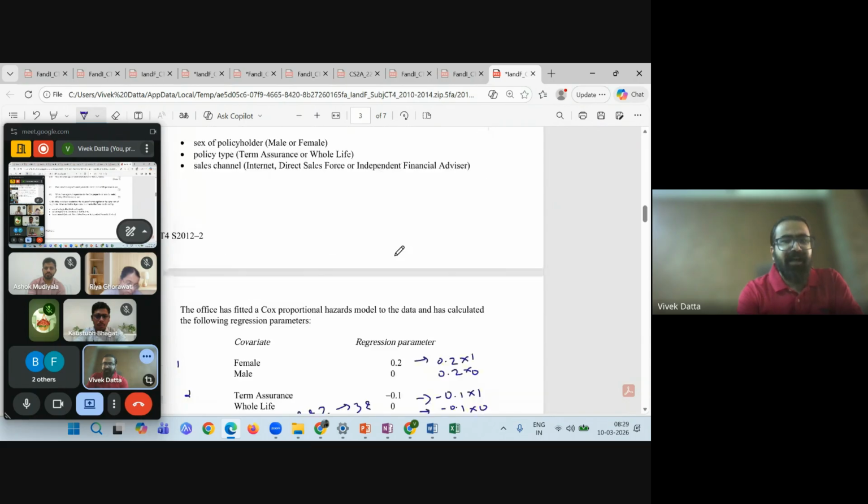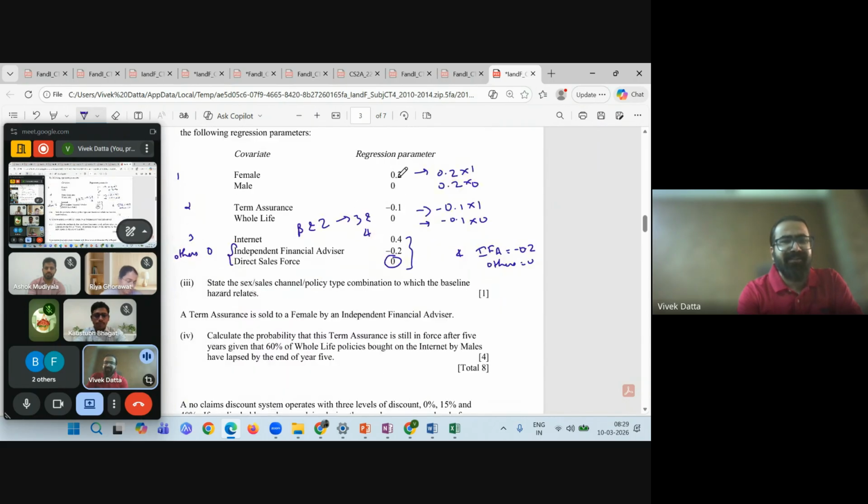Yes. Now, if my hazard in lapse rate is 0.2 for female, which means what? Females lapse more. Whole life lapses more as compared to term assurance, because term assurance is what? Negative. Yes, that means the term assurance lapse rate is lower than whole life.